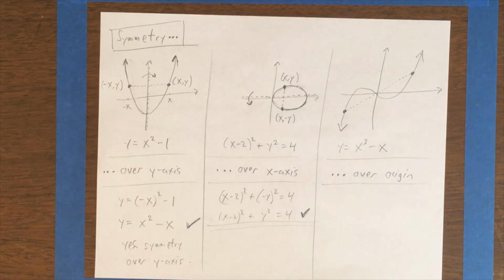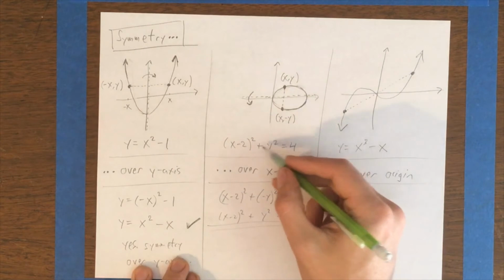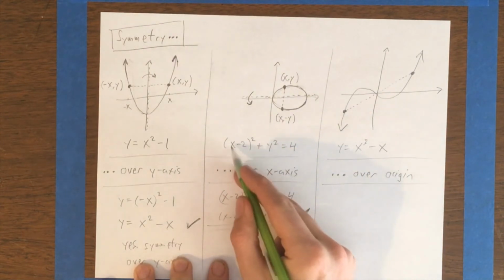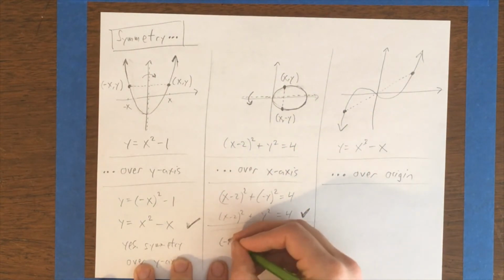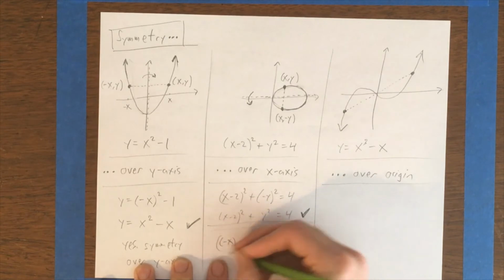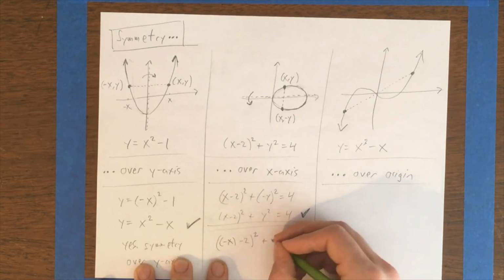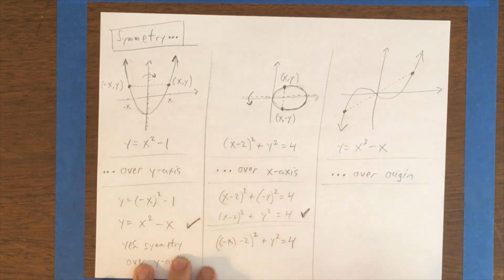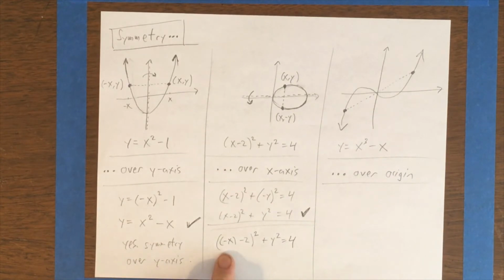Check out what would happen if you were going to check for y-axis symmetry on this equation here. Let's take that x and replace the x with negative x. Okay, now is that different or the same?